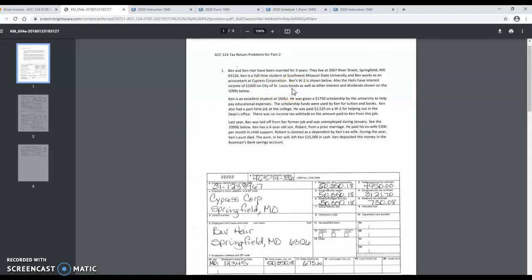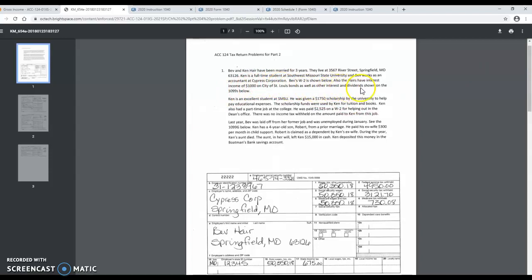The City of St. Louis, that's a city. If it's a city, a county, a state, those are municipal bonds, which are tax exempt. We're going to write that down, but they are not going to come on a 1099-INT. They're tax exempt. Sometimes they will come on a 1099-INT, but they'll be in box 8 as tax exempt.